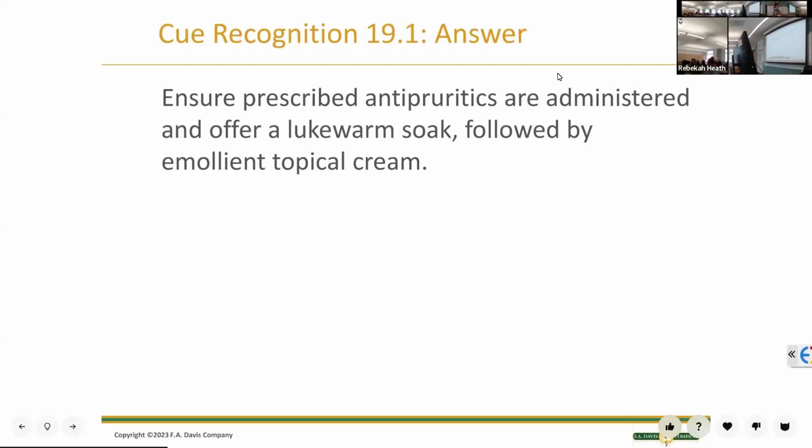Oftentimes they'll say, put things in your soap like oatmeal or things that are soothing to your skin to help with the irritation. And then you might have some sort of cream that you put on top, especially in areas that are more affected, just to help with moisturizing the skin, calming it down. We really don't want them itching at it or scrubbing or doing anything that's going to irritate it anymore.